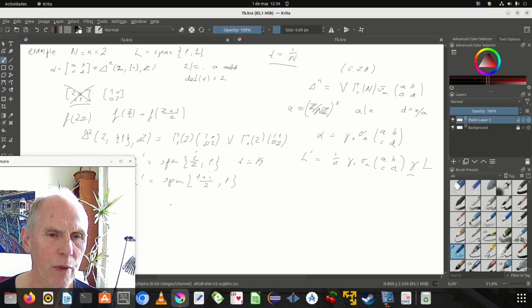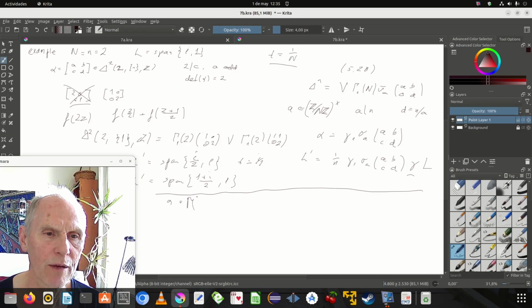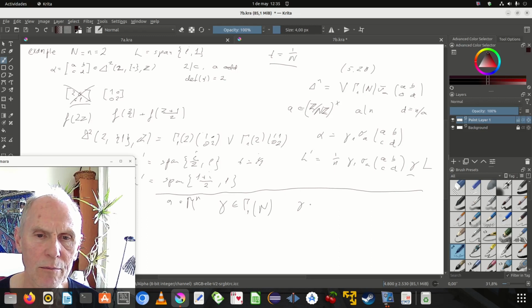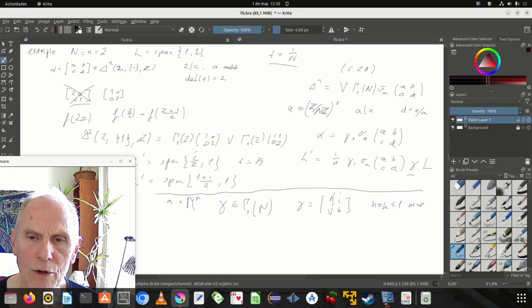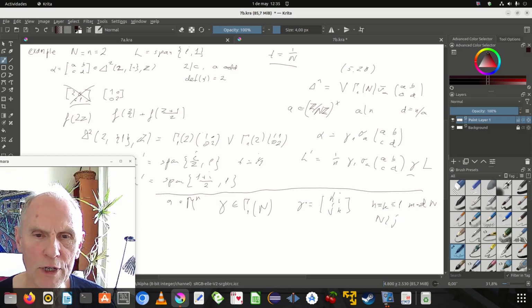So let's start to see if that's the case. So we have alpha lying in Mn, and we have gamma lying in gamma 1 of n, with entries h, i, j, k, where h and k are equivalent to 1 modulo n, and capital N divides j, because it lies in gamma n.